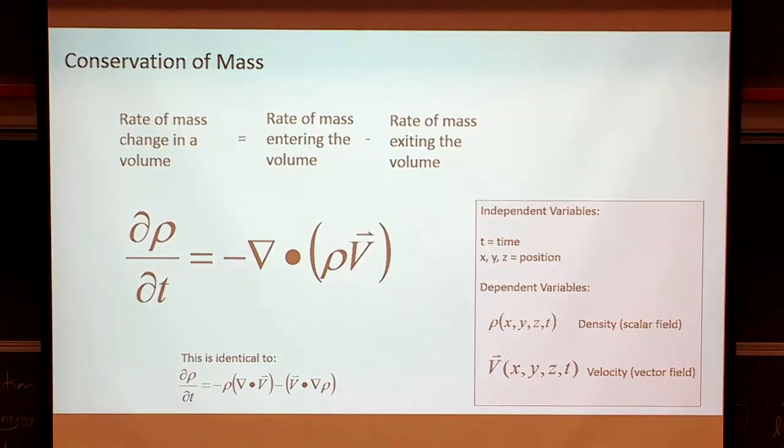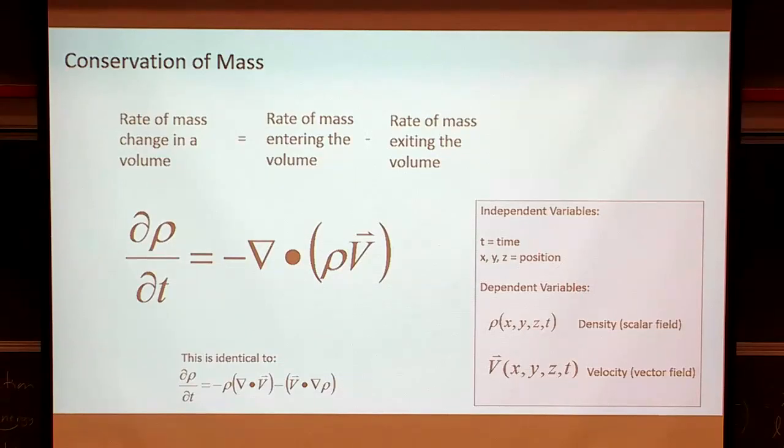Okay, conservation of mass. This is what Michael left with yesterday. First of all, conservation of mass: the rate of mass change in a volume equals the rate of mass entering the volume minus the rate of mass exiting the volume. And Michael derived this nicely. One thing I always like to do is to separate the independent variables from the dependent variables.